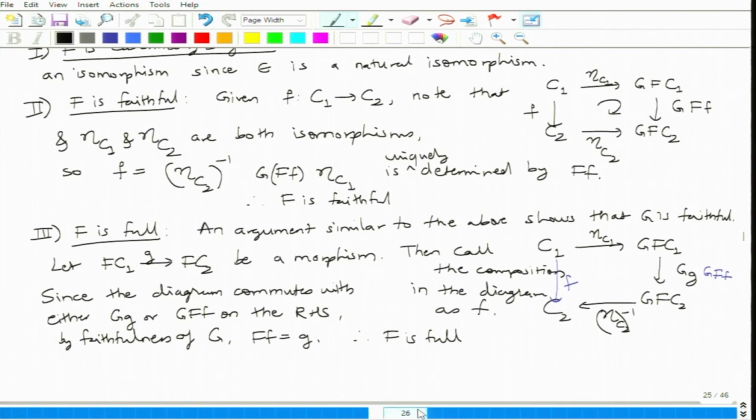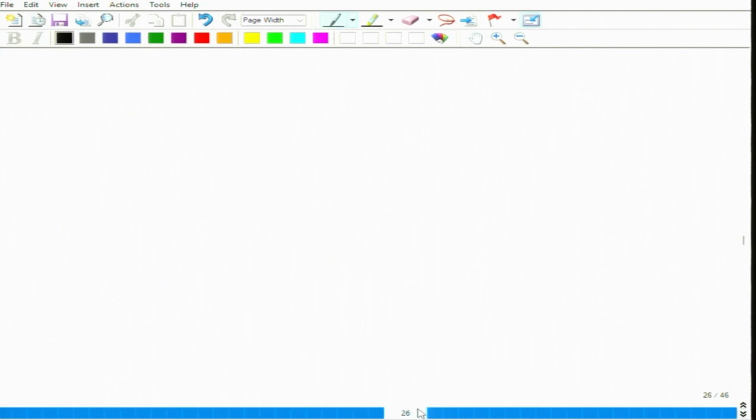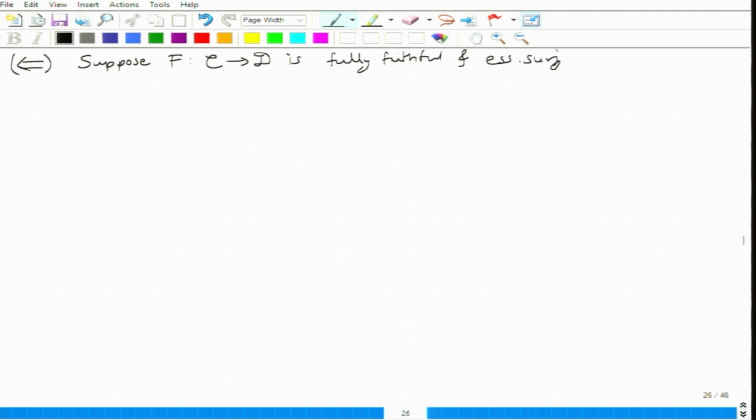Okay, I am going to take a new page now to prove the converse part. So the converse part says that suppose F from C to D is fully faithful and essentially surjective on objects.